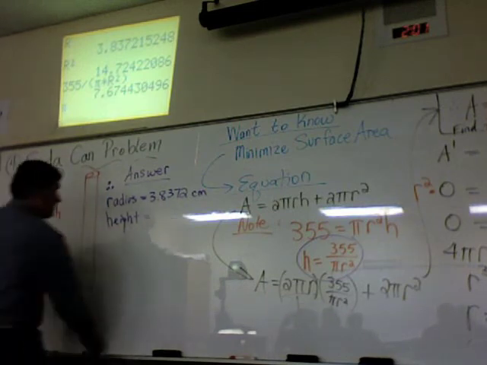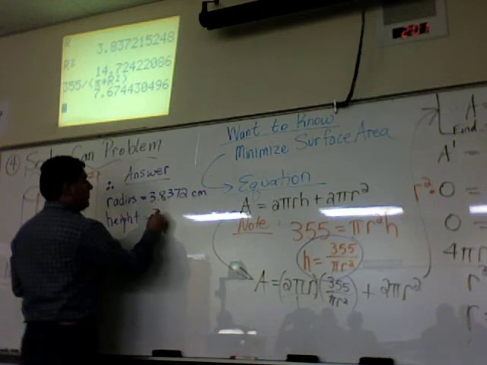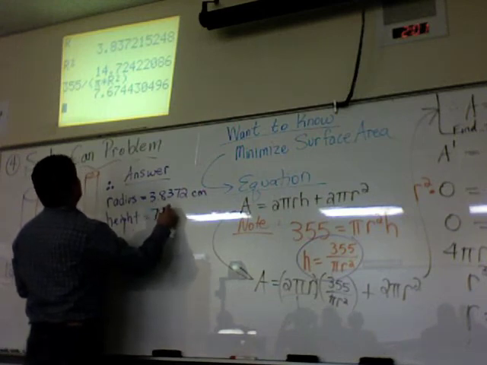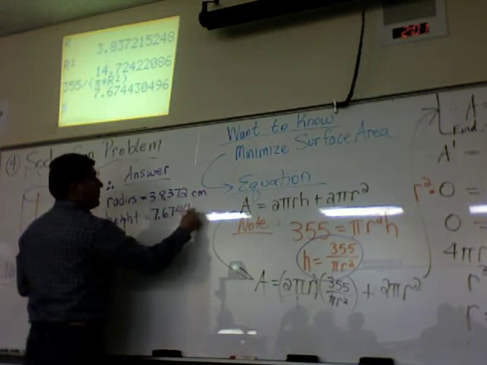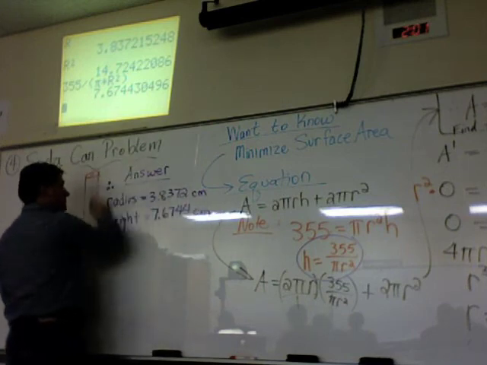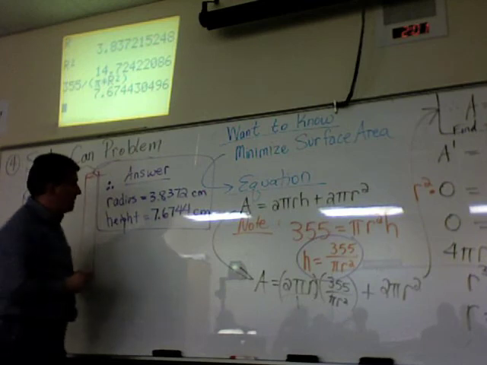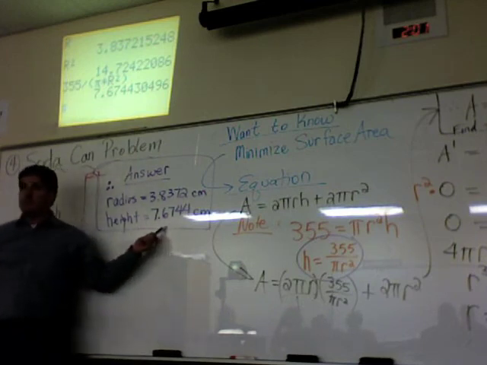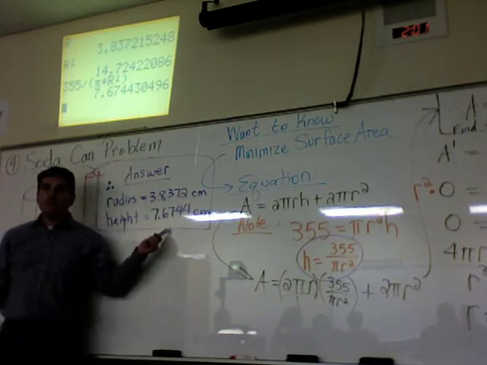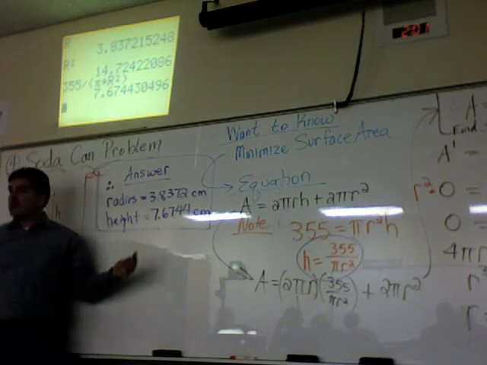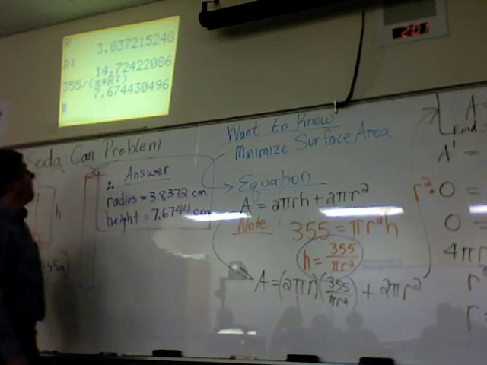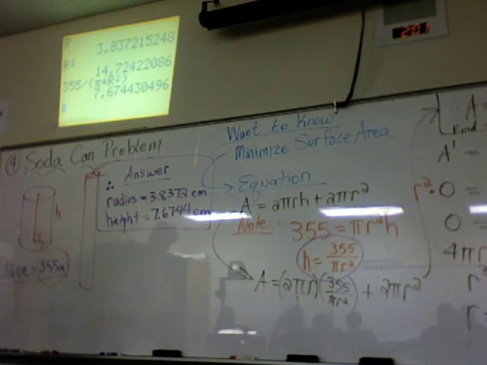Again, we're going to use 4 decimal places. 7.6744 centimeters. Those are the dimensions that's going to give you the best. Were you able to do this using the variable? We're going to use this more and more and more as the year goes on. So, got that. All right.